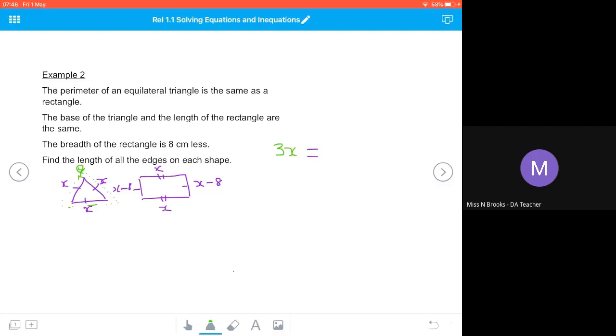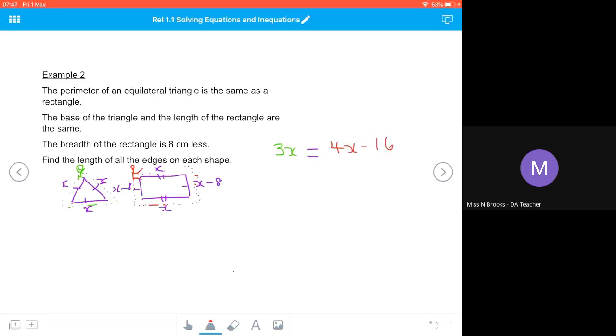Now, I need to work out what the perimeter going around my rectangle is for the other side of my equation. So I'm walking along x, and now I've got 2x minus 8. Now I've got 3x minus 8, and now I've got 4x minus 16. So I'm going to put my 4x minus 16 on the other side.